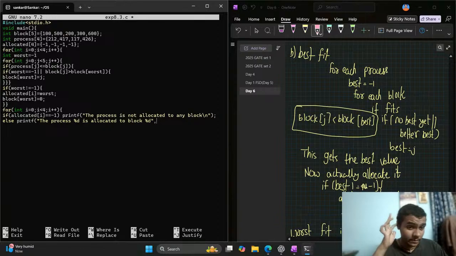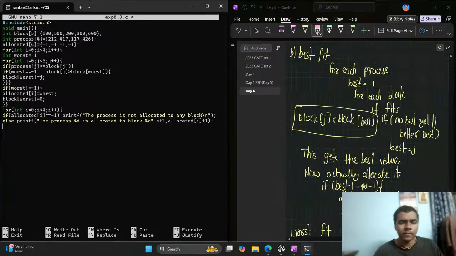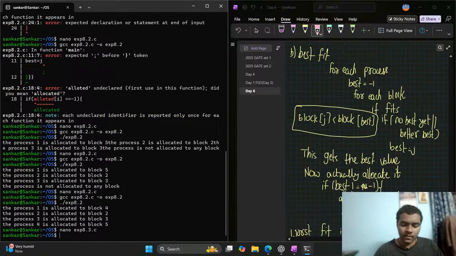The allocated array holds the block number, so I plus 1, allocated of I plus 1. That's it.